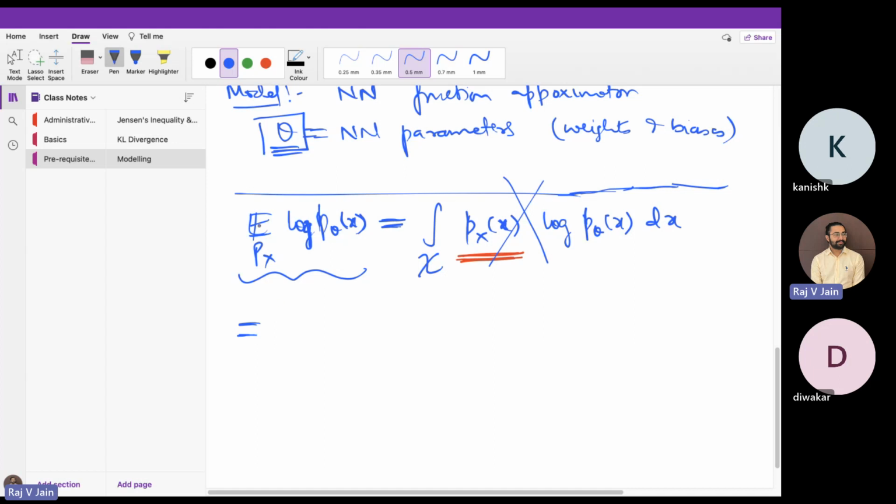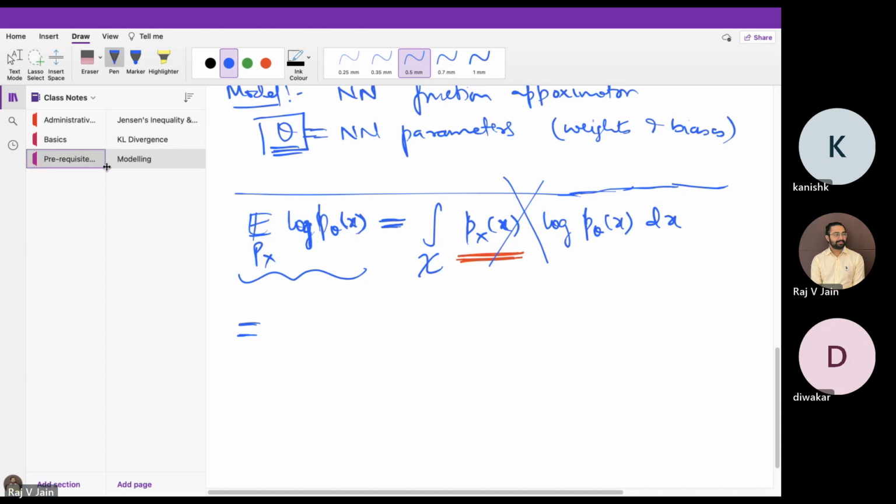I'm looking at the expectation of a function of a random variable x, but I can't calculate this expectation in closed form. So rather than that, I can look at samples from px and calculate something called the sample mean.